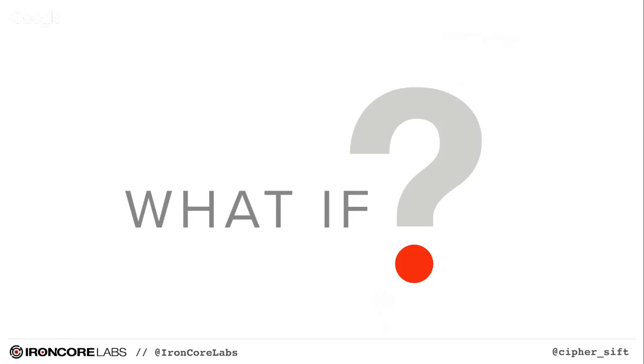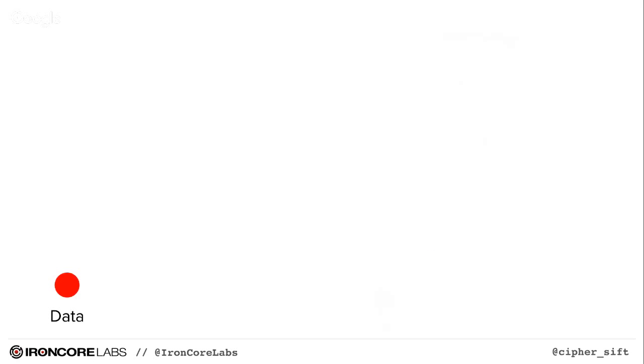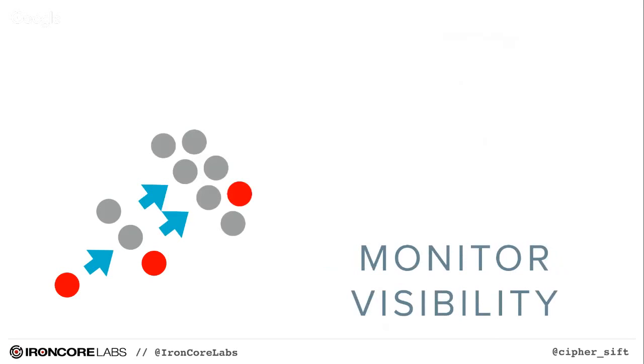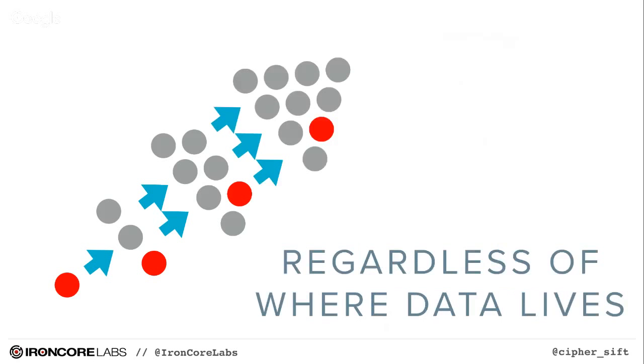But what if I told you that there was a way that you could keep your data safe during the entire journey? As app developers, we want to implement that into our applications. What if you could control your data? What if you could decide who could have access to that data, monitor that access, and see how, when, and where that data is being used and accessed, regardless of where the data lives?